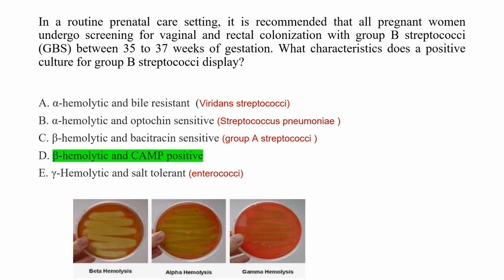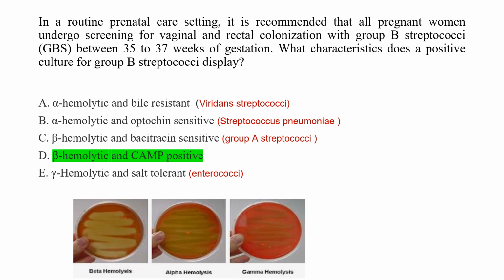Before we go through the other options and analyze why they are incorrect, I would like to talk about the different types of hemolysis, which is alpha, beta, and gamma, since they are mentioned in all the options. Alpha hemolysis refers to partial hemolysis of red blood cells, which gives a greenish discoloration on blood agar.